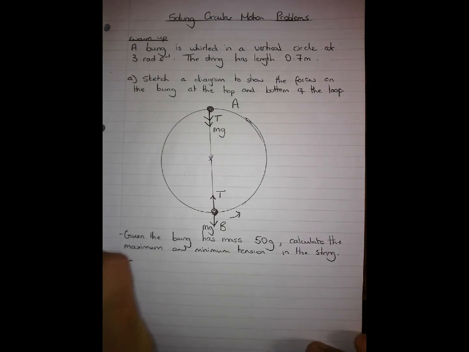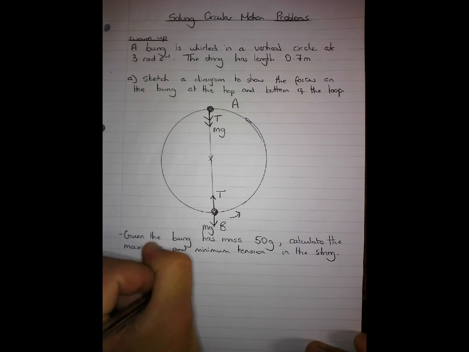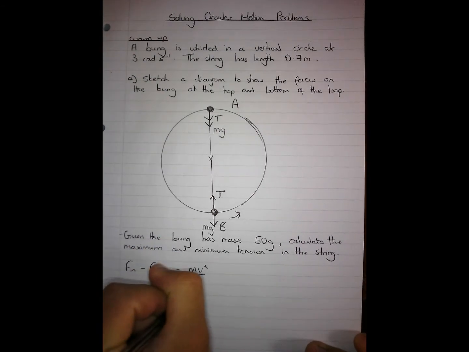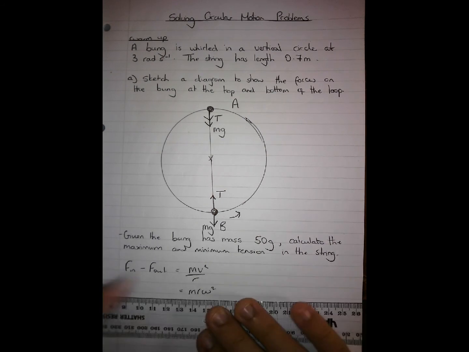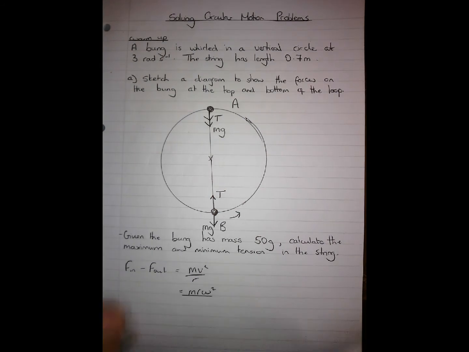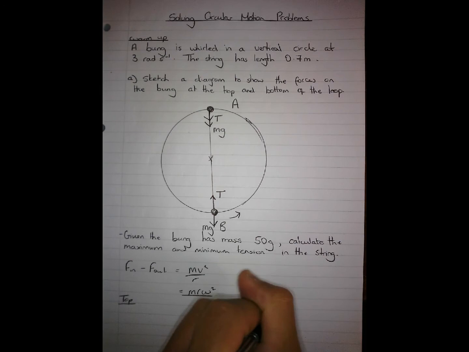So it's force in minus force out equals mv squared over r, which equals mr omega squared. Now, looking at this one, it's obvious which one to choose. We've been given the angular velocity, so therefore we should use this version of the formula. The only thing to do now is to separate it into the two different situations, the top and the bottom.